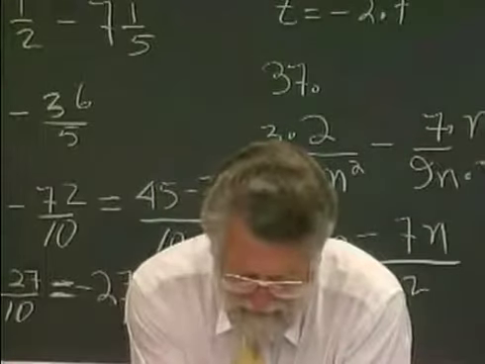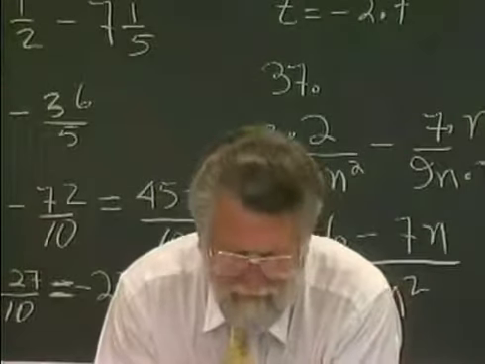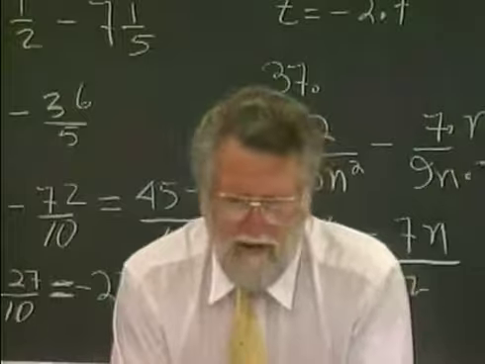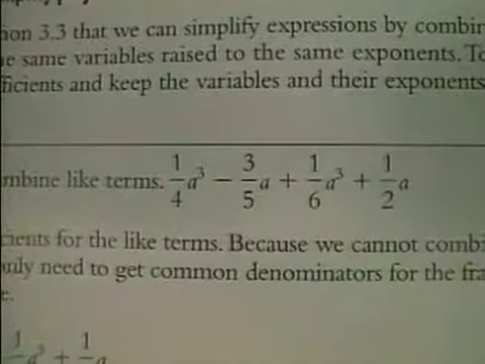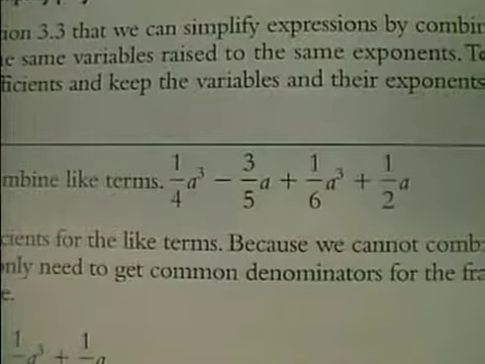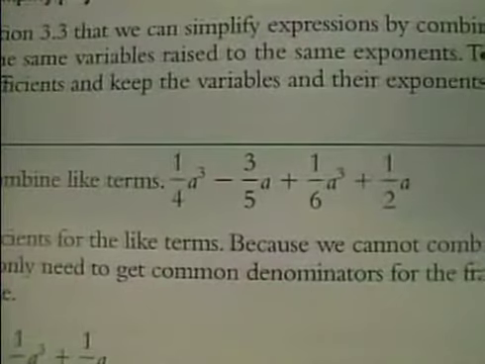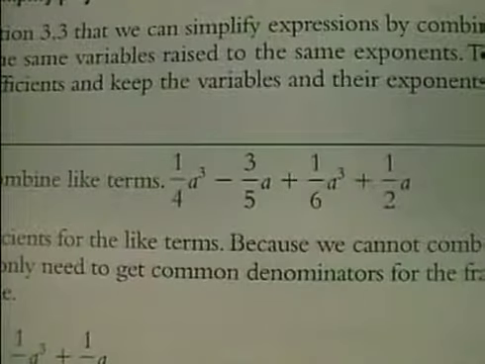Now, page 370. This is where things get a little bit more interesting. Now, that usually means harder. I understand that. Here is a polynomial. Okay, it is what degree? Third degree, highest exponent. What do we have to do to simplify it?